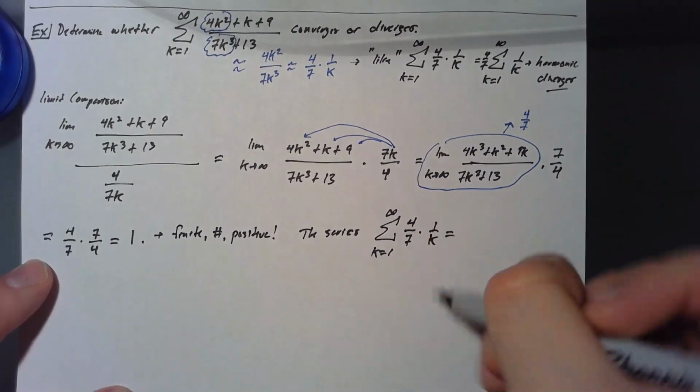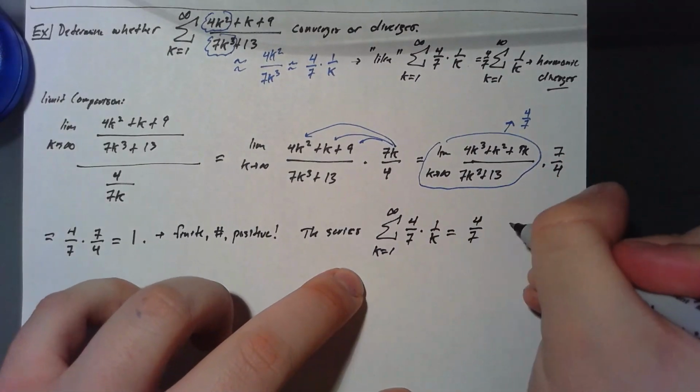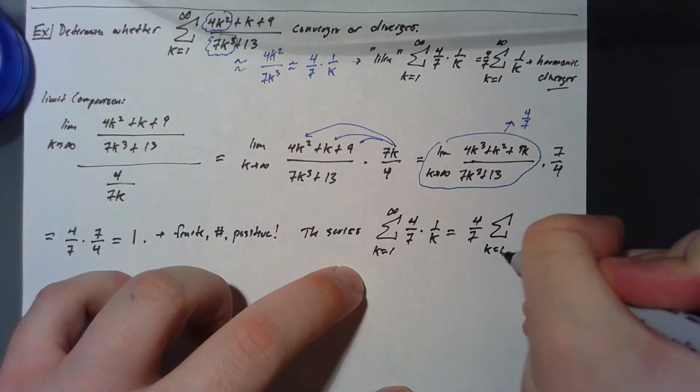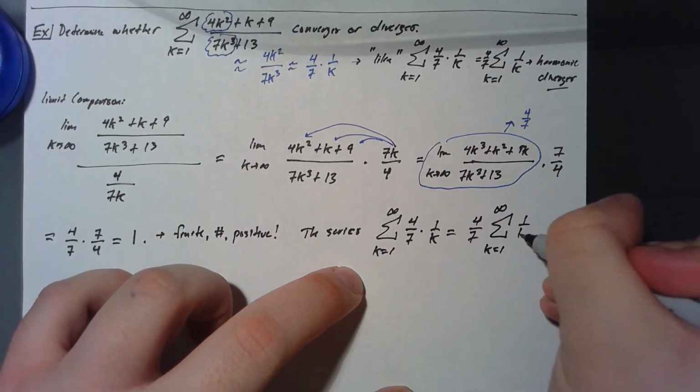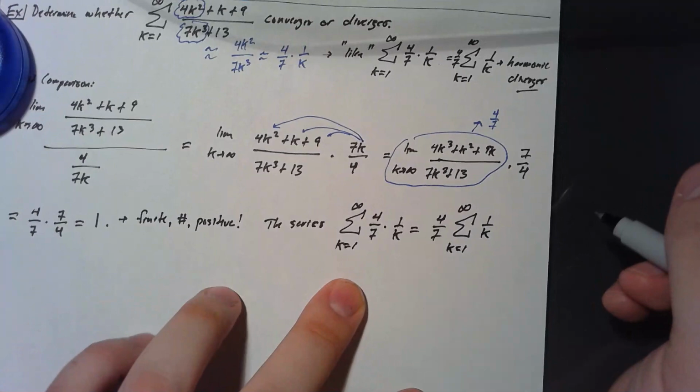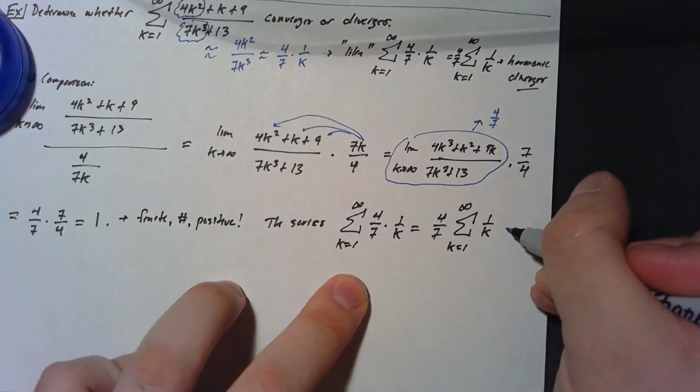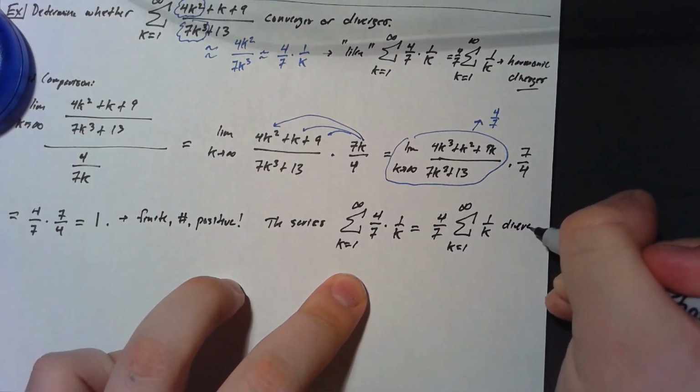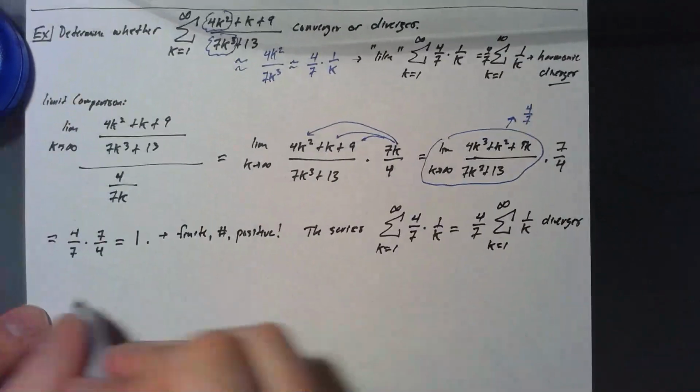If I brought the 4/7 out, that diverges, since it's harmonic.